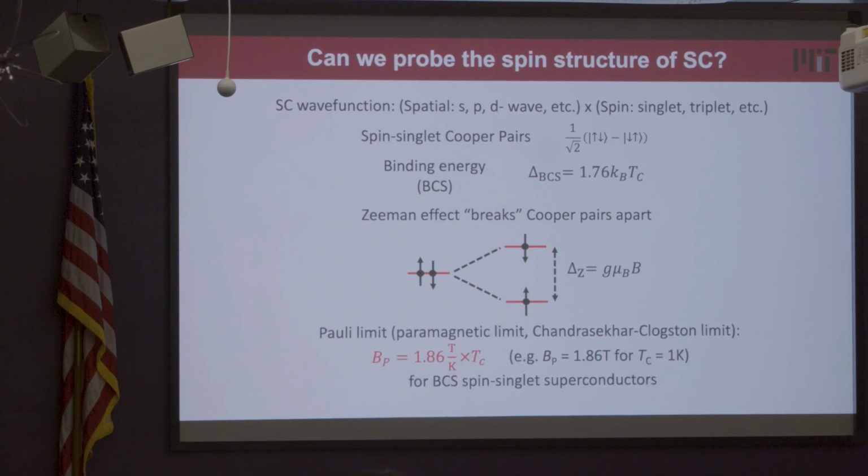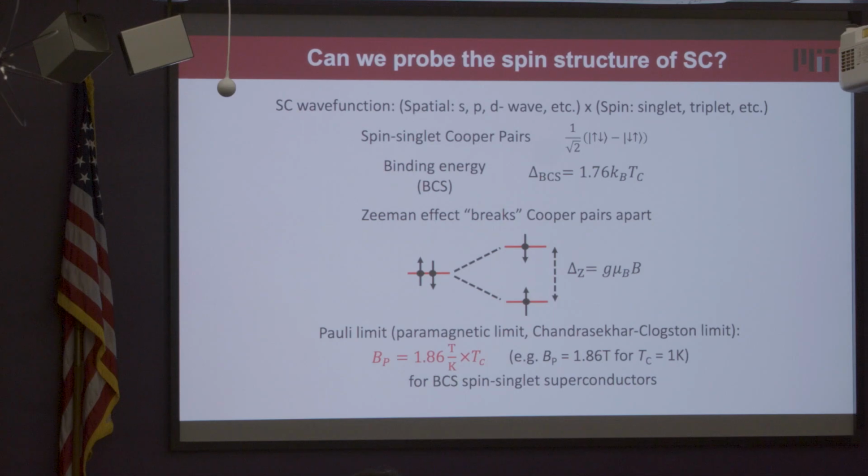So there is something called the Pauli limit, which basically provides you an estimated critical magnetic field at which your superconductivity will be suppressed based on your TC of the system. This means that for a BCS spin singlet superconductor with a TC of around 1 Kelvin, a Zeeman field of around 1.86 Tesla will likely suppress the superconductivity. So it just gives you some sort of scale in your head to compare it to.